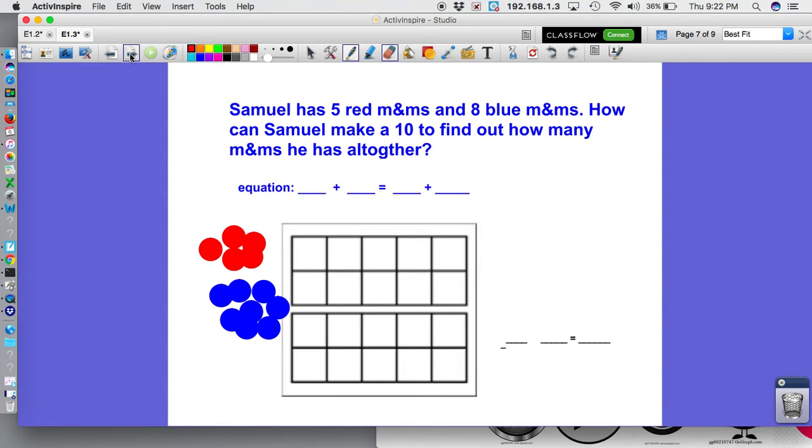Samuel has 5 red M&Ms and 8 blue M&Ms. How can Samuel make a 10 to find out how many M&Ms he has all together?